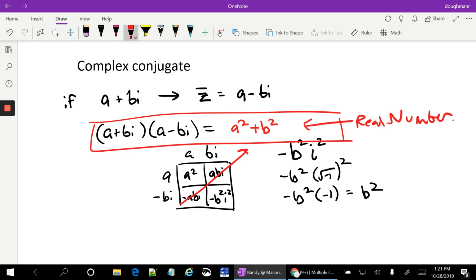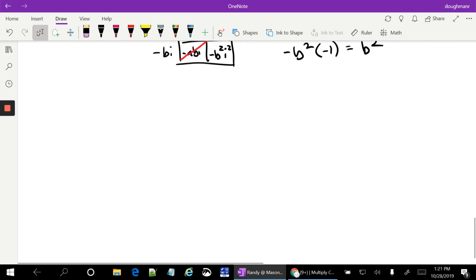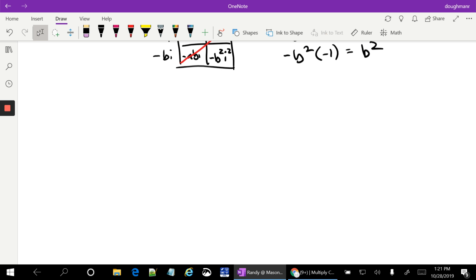So how are we going to use that? Let's go back to a fraction. What if I had a number like 2 over 3 minus i? Just like we don't like irrational numbers in the denominator, we don't like imaginary numbers in the denominator.